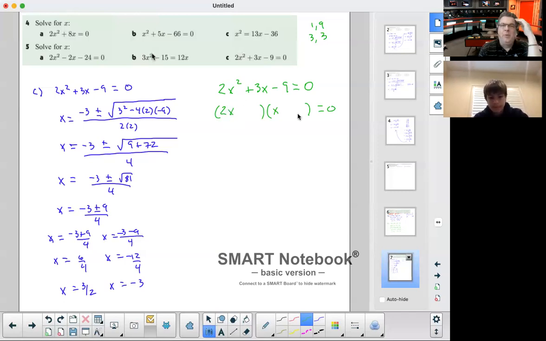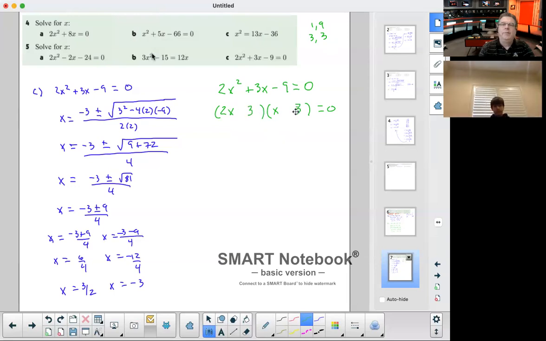So if I put a 9 here and a 1 here, 18 and 1, I can't make it to 3, can I? Or if I put the 9 here and the 1 here, 2 times 1 is 2, 9 times x is 9, and I can't get to 3. So I know I'm going to have to work with 3 and 3. It's nice that they're the same.